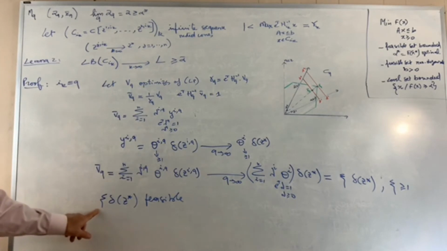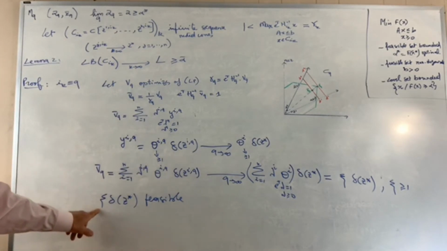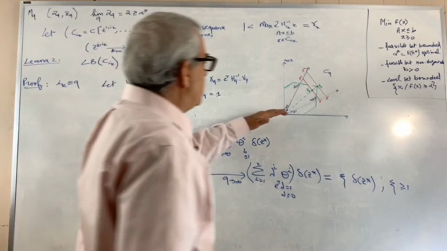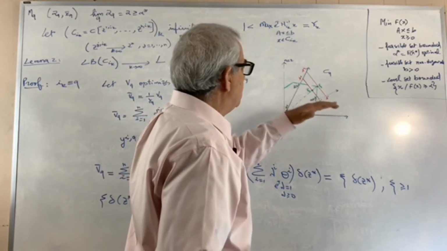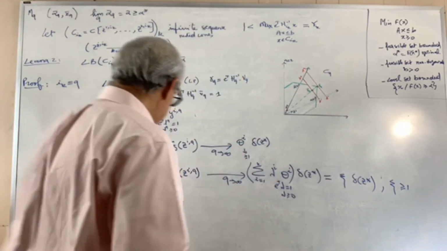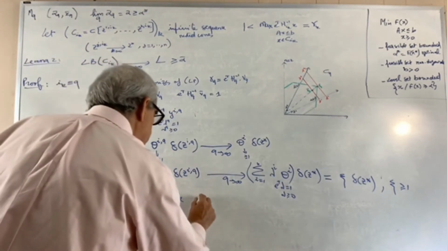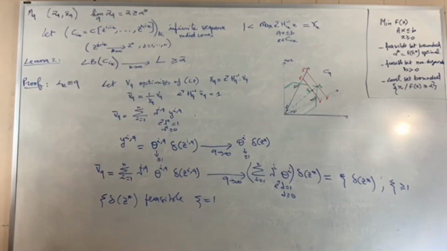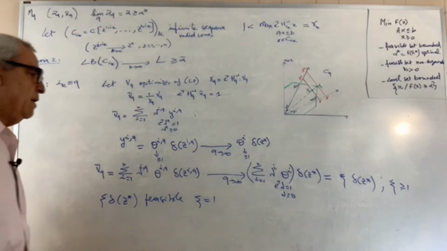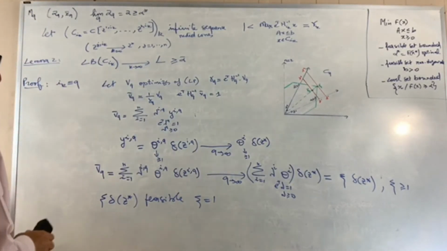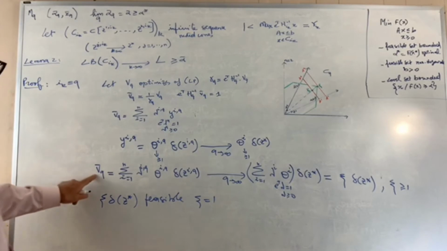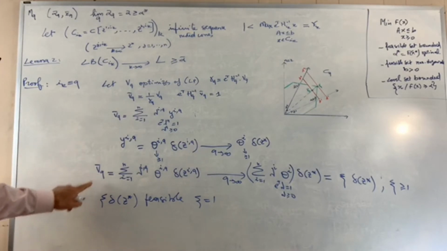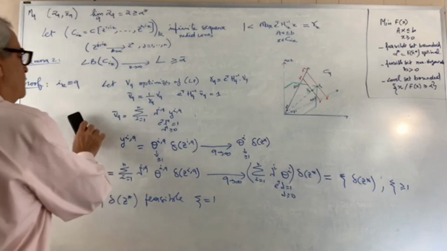But delta of z star, remember, is where we went as far as we could till we hit the boundary of the feasible region. So this means that psi is equal to 1. Okay, it must be equal to 1. So since psi is equal to 1, we showed that V bar q then converges to delta of z star.